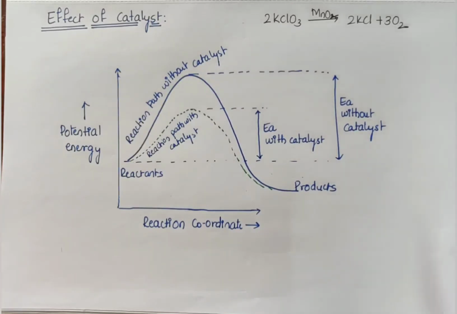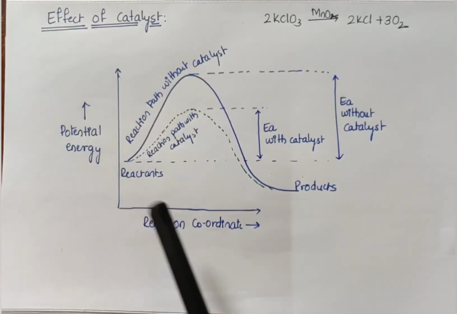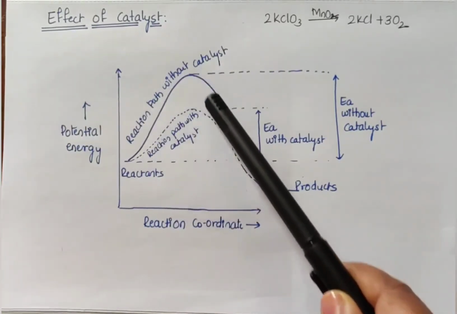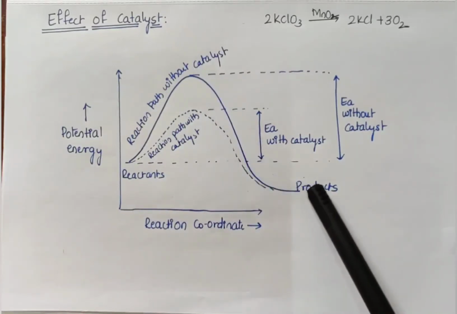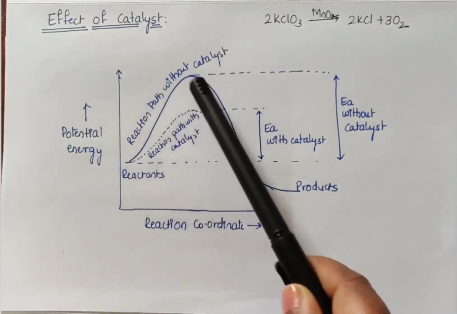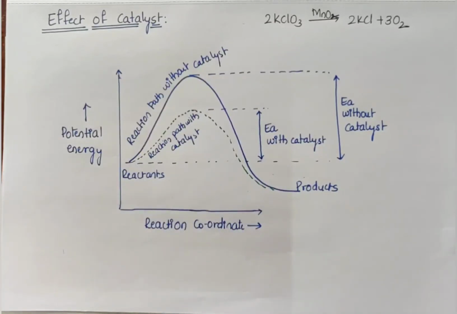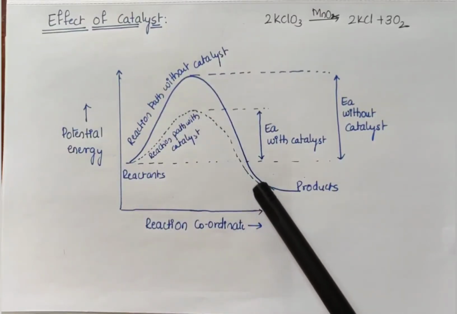Now here you can see the graph which is plotted, potential energy versus reaction coordinate. This curve is the path of the reaction in which reactants are converting to products. This is occurring without the catalyst. The other one, whenever I make use of a catalyst in the reaction, provides an alternative path for the reaction.